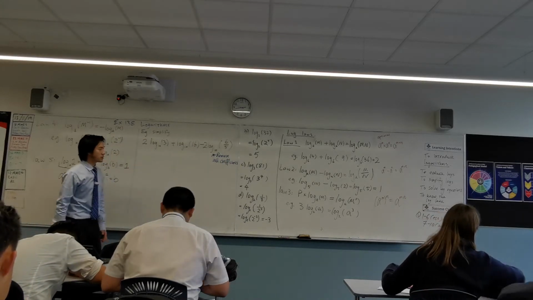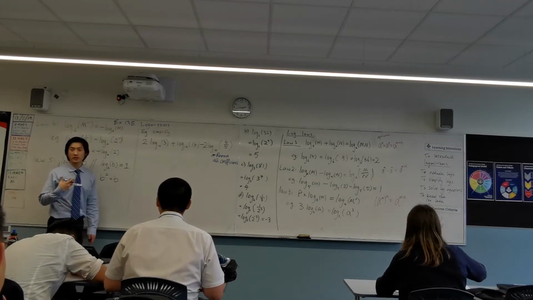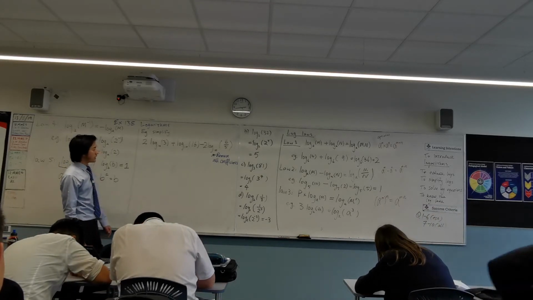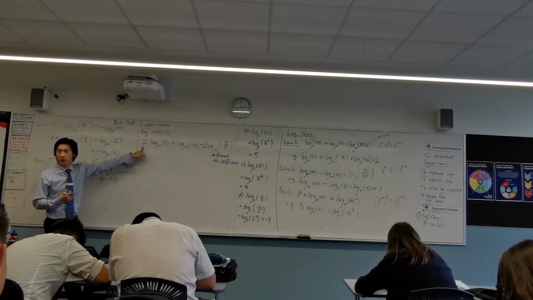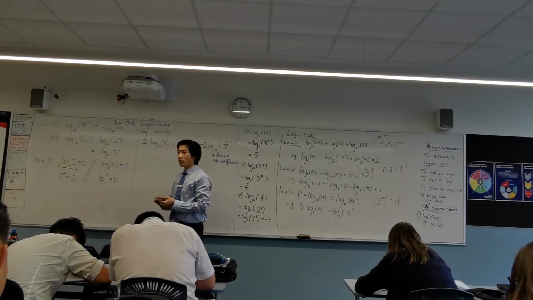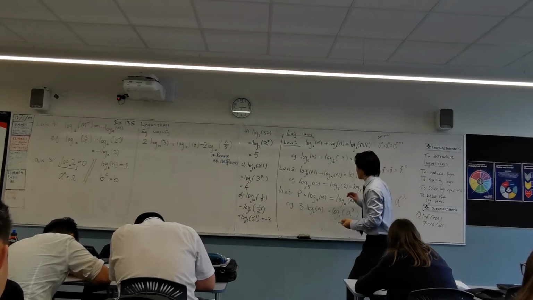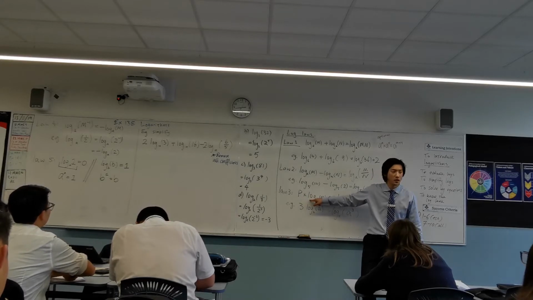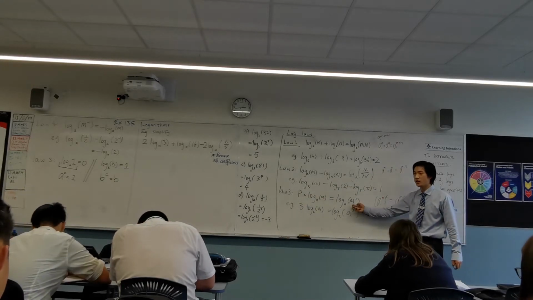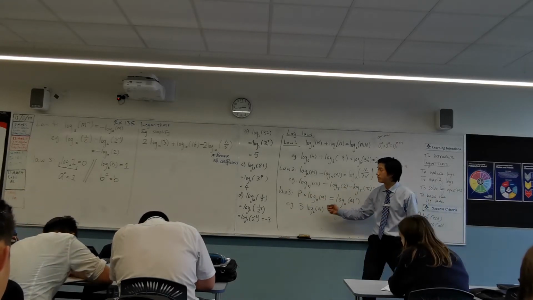It's down to you whether you want to copy it down or not, but these would be the steps that I would always follow. I look out for coefficients, and then I find a way of getting rid of them. And the law that I use to get rid of them is law 3. Remember, if we have a coefficient multiplied with a log, I can bring that coefficient inside the brackets. That gets rid of them.